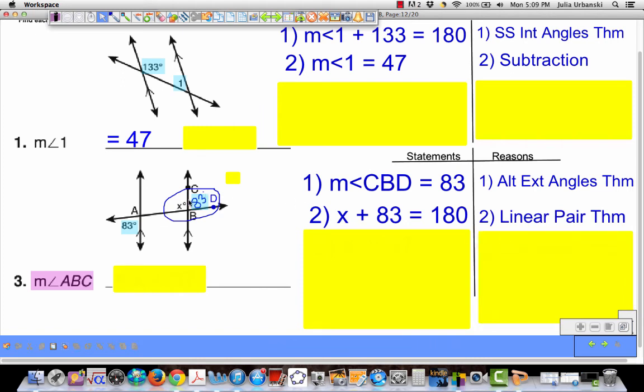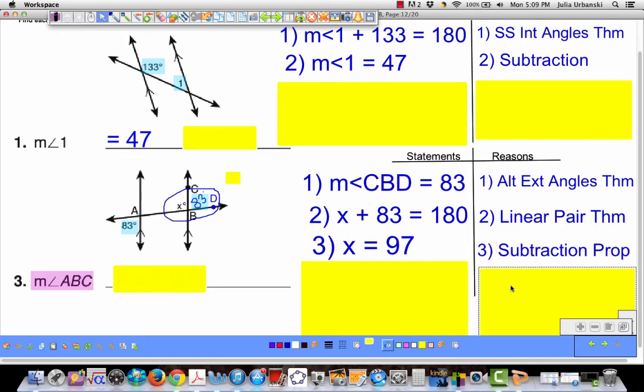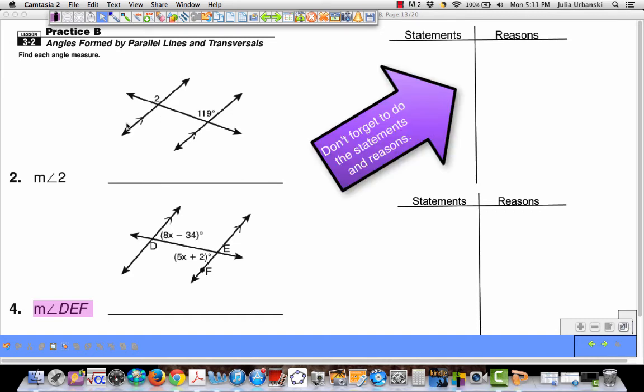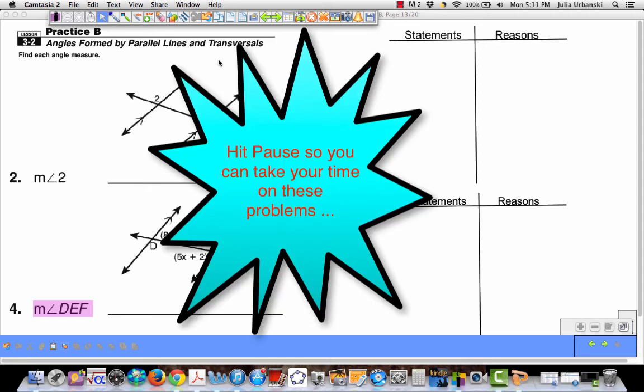Because when two angles form a linear pair side by side, they must be 180. The last thing is to get x by itself, so of course you subtract 83 from both sides and you find that x is 97 by the subtraction property. Okay, so try number 2 and number 4 on your own and then check your answers in a second.